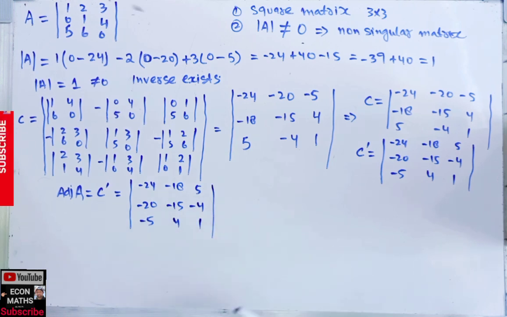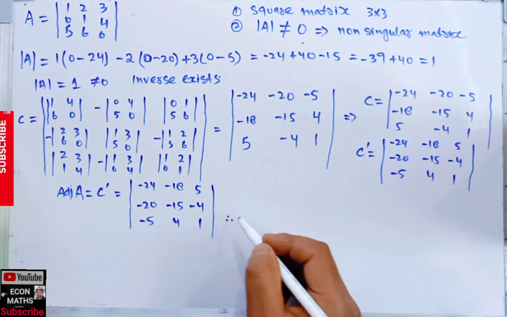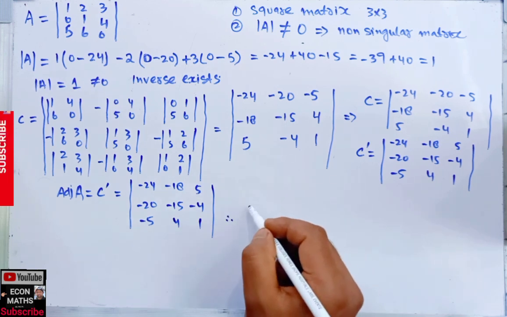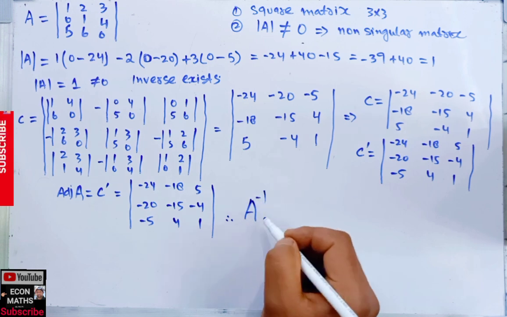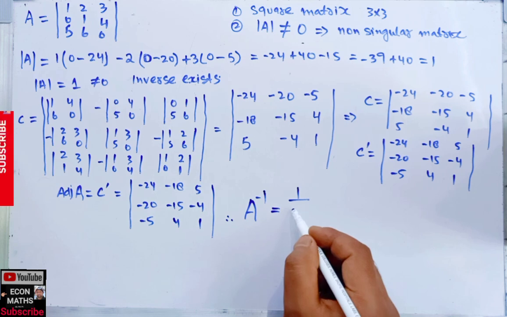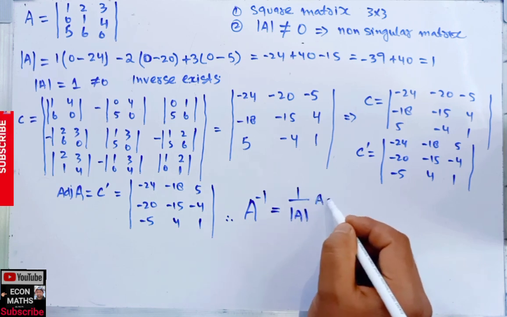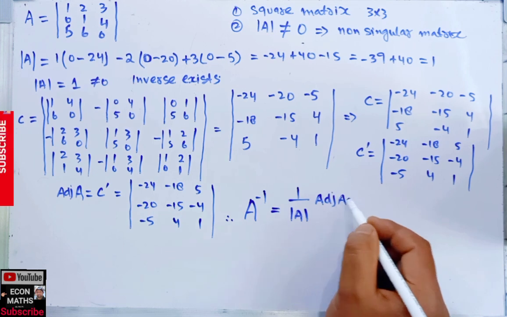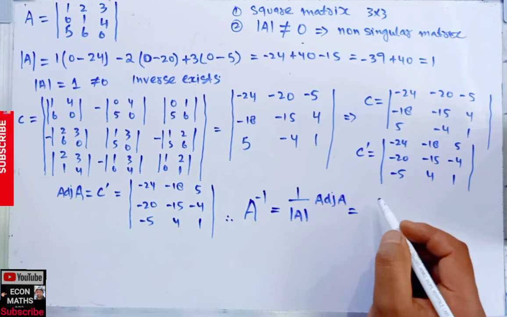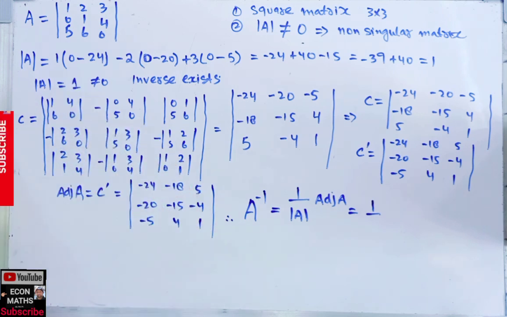Now the inverse is given by, we know what we are actually finding, that is A to the power minus 1, the inverse, is equal to 1 divided by the determinant times adjoint of A. The determinant we got is 1.